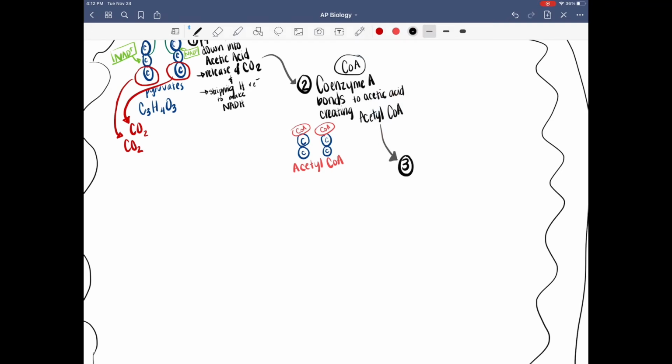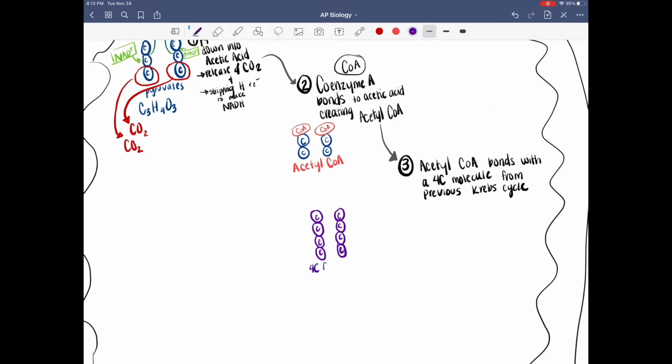Our next step, step 3, this is where that cycle comes in, right? So that acetyl-CoA that we created will bond with a 4-carbon molecule that was made in a previous Krebs cycle. So this purple 4-carbon, this is from the end of step 6, cycling back into step 3.